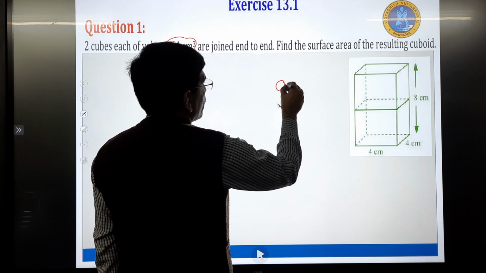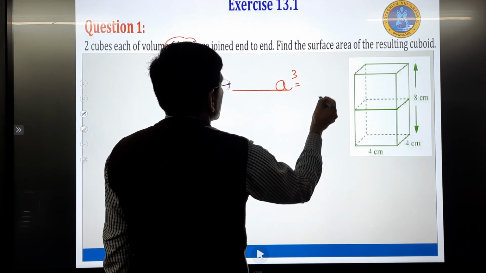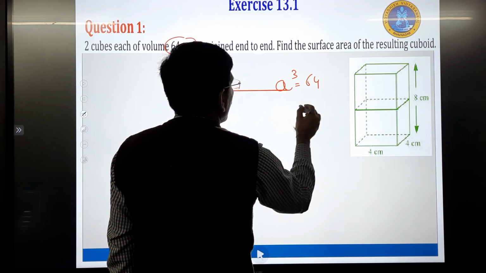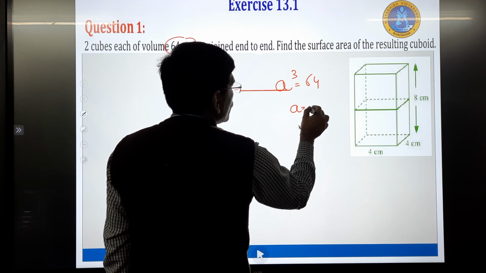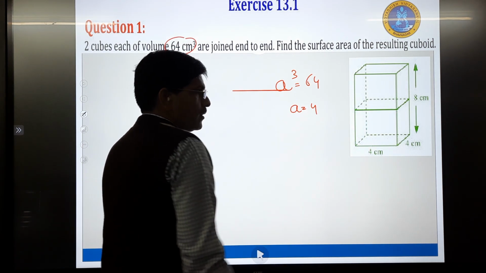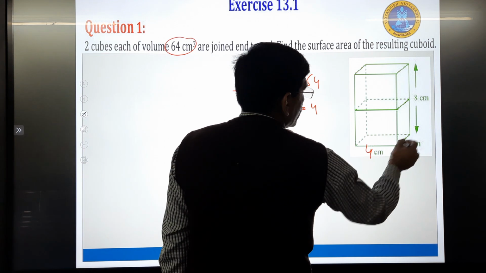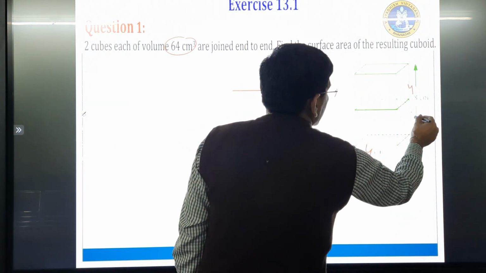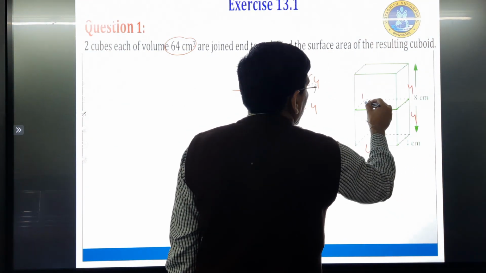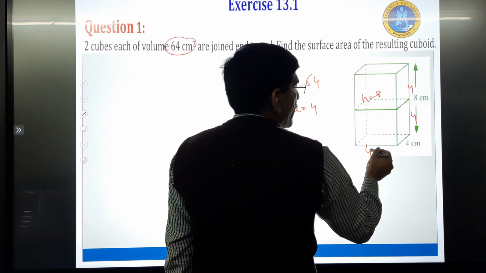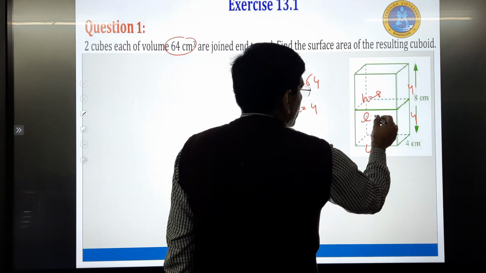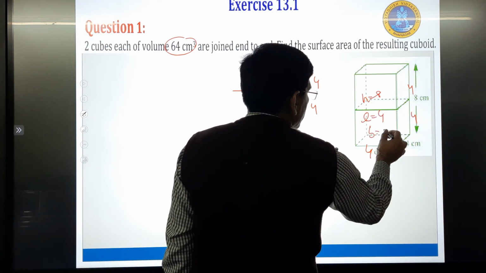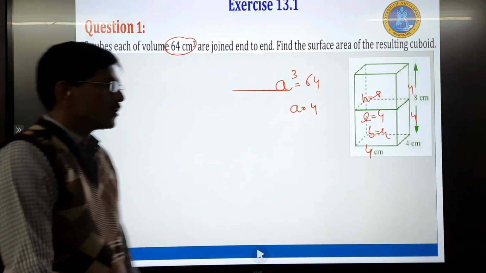So a to the power 3 is equal to 64, so a is equal to 4. So I have to write 4 here, again 4 here and 4 here. So height should be now 8, length should be 4 and breadth should be 4.